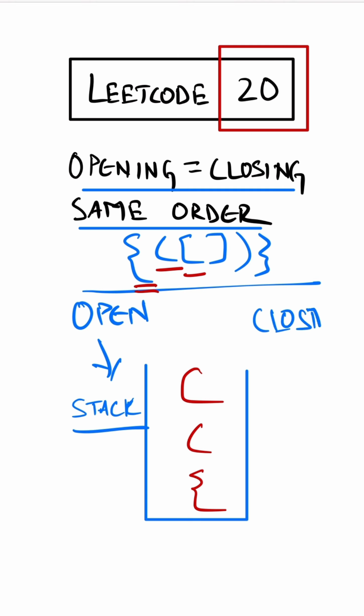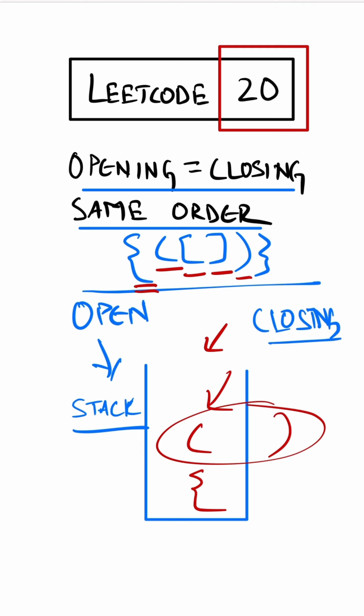closing bracket, what we'll do is we'll pop the last element. We got this bracket, we'll pop the last element. If it matches with our closing bracket, then we will pop this element. Again, we got the closing bracket here. We will match it with the last element. We'll pop it and match it with the last element.